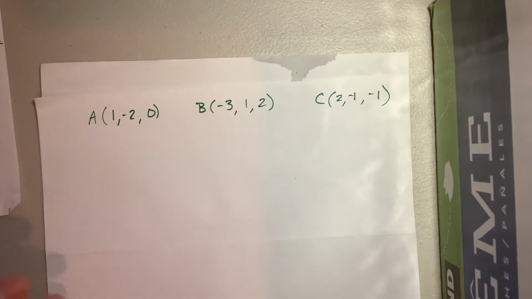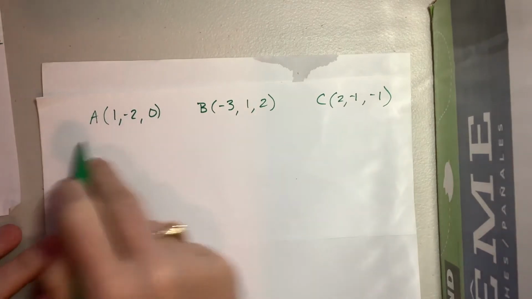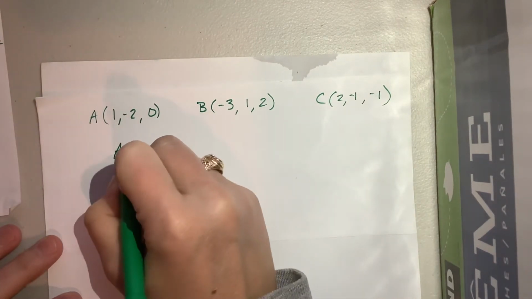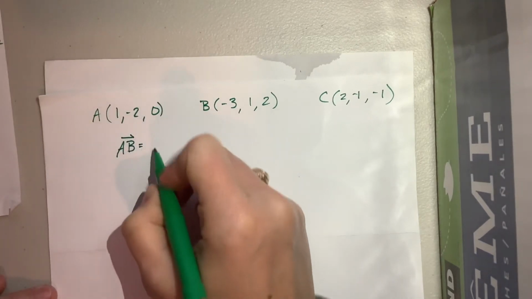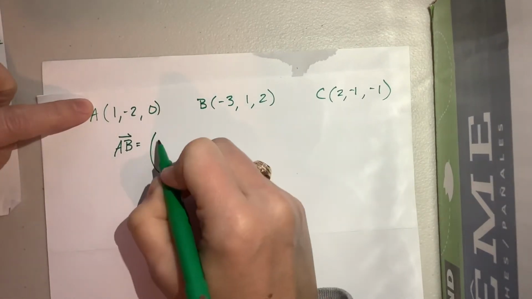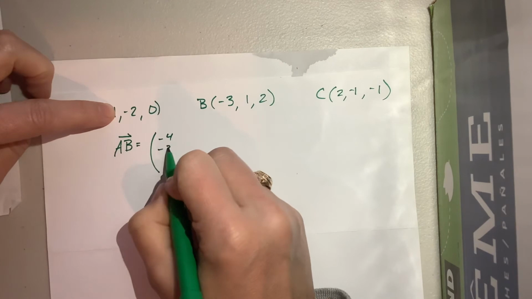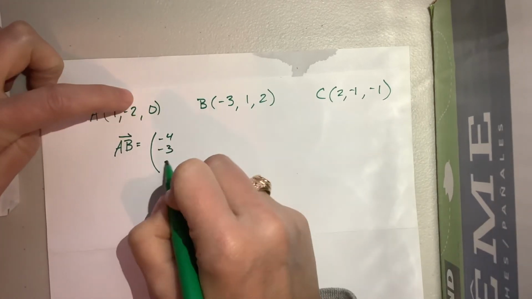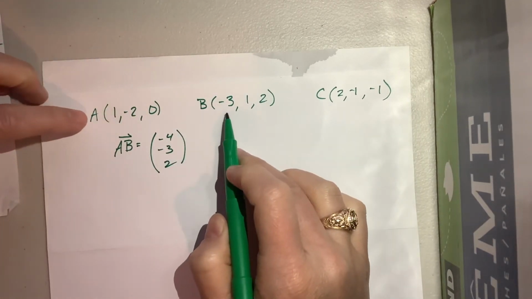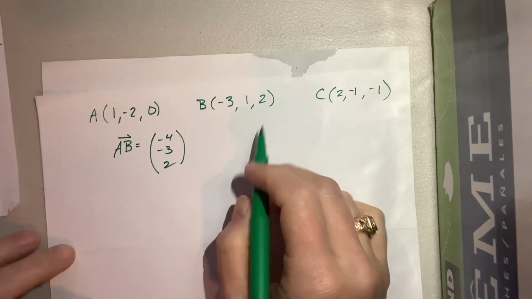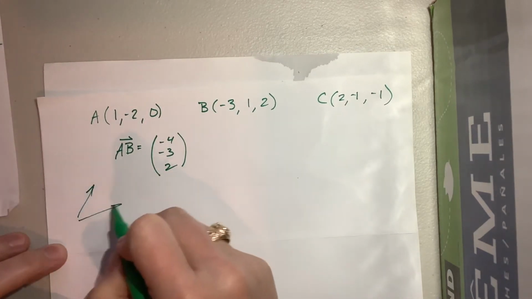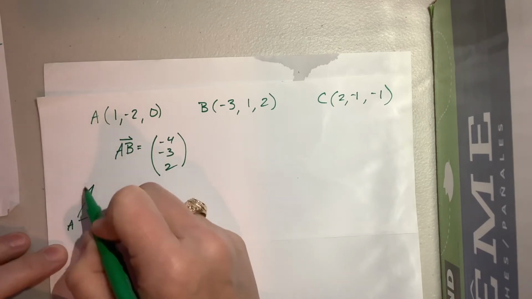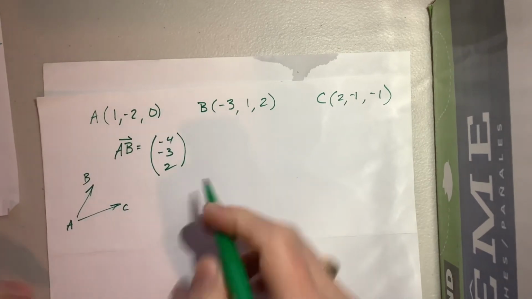Okay. So if I want to find the area of this triangle, I can find a vector AB, and that would be B minus A, that's -4, -3, 2. Make sure my arithmetic is correct. The problem with these is that it's really easy to not catch your mistake. So this is AB.